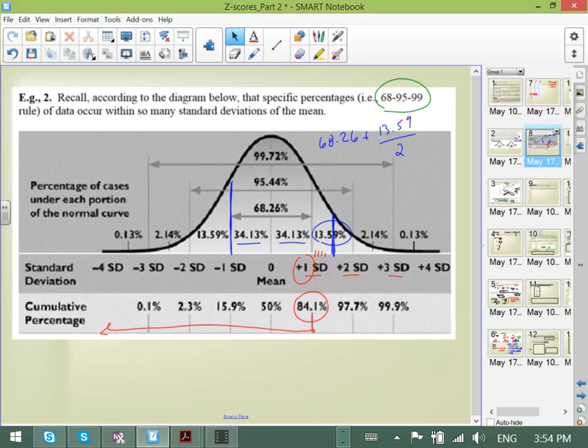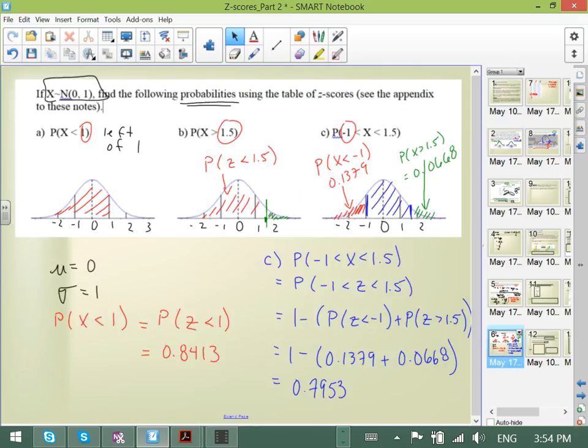All right, so we left off with looking at standardizing. Actually, we weren't really standardizing. We were given particular z-scores and asked to find particular proportions of data that were either left or right of a particular z-score. And we used the z-score table to determine that.